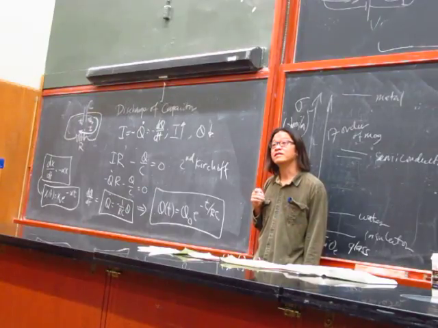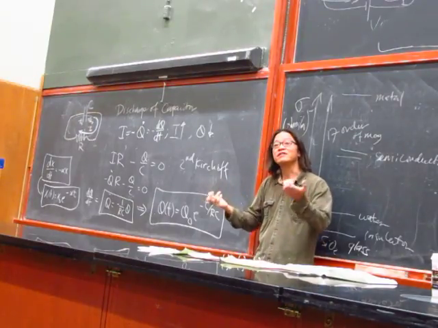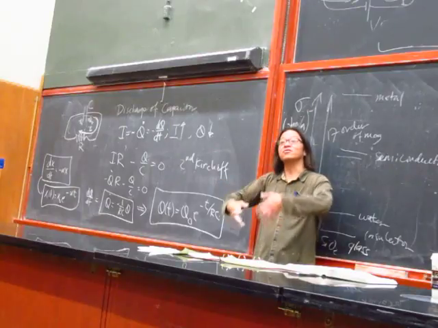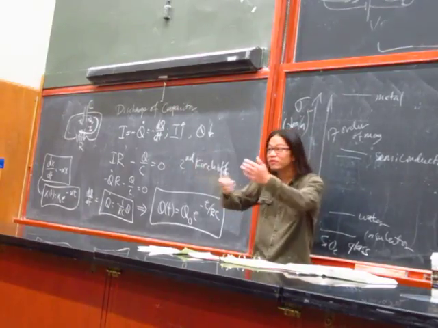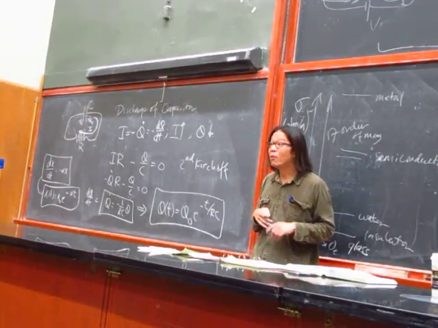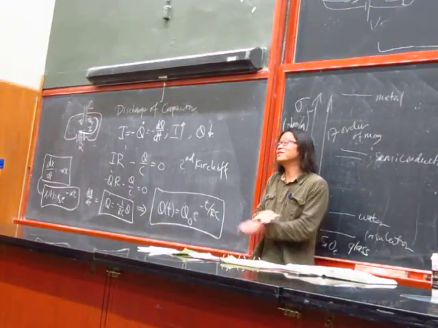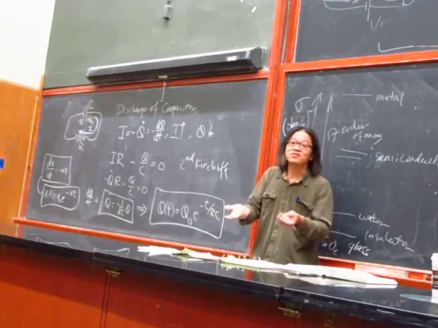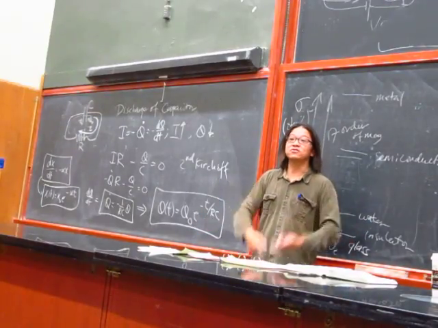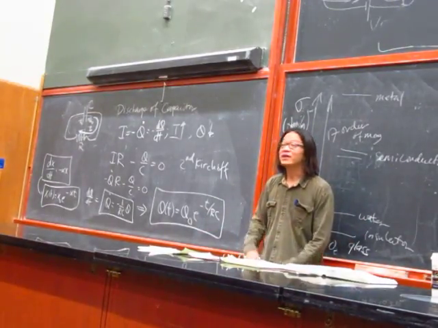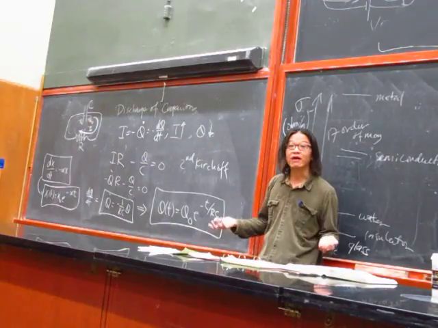Which is sort of non-intuitive. You would think if you heat things up, things move around more, then you have higher conductivity. And when you lower the temperature, suddenly everything is frozen, charges cannot move, and the conductivity goes to zero. But it turns out for metals it is actually the other way around.